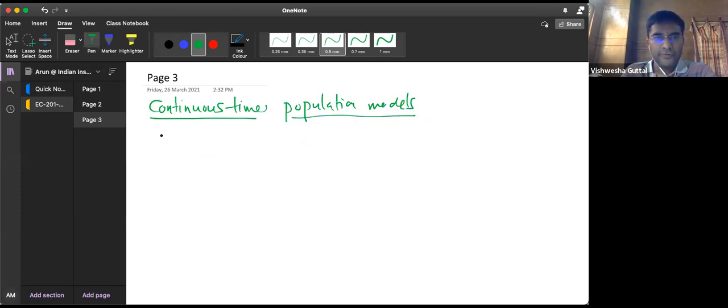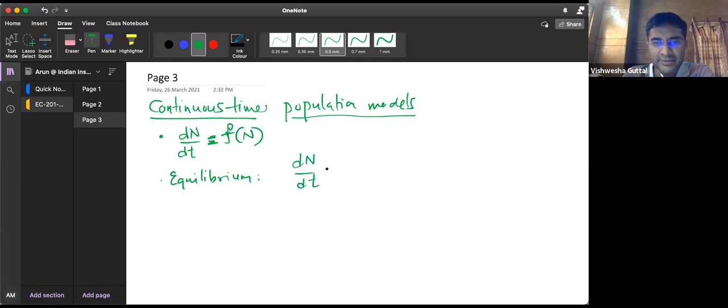We wrote the general form of the model as dn/dt, where n is the population density or population size, equal to f(n). And we find equilibrium by setting dn/dt equal to 0, meaning the population doesn't change anymore.